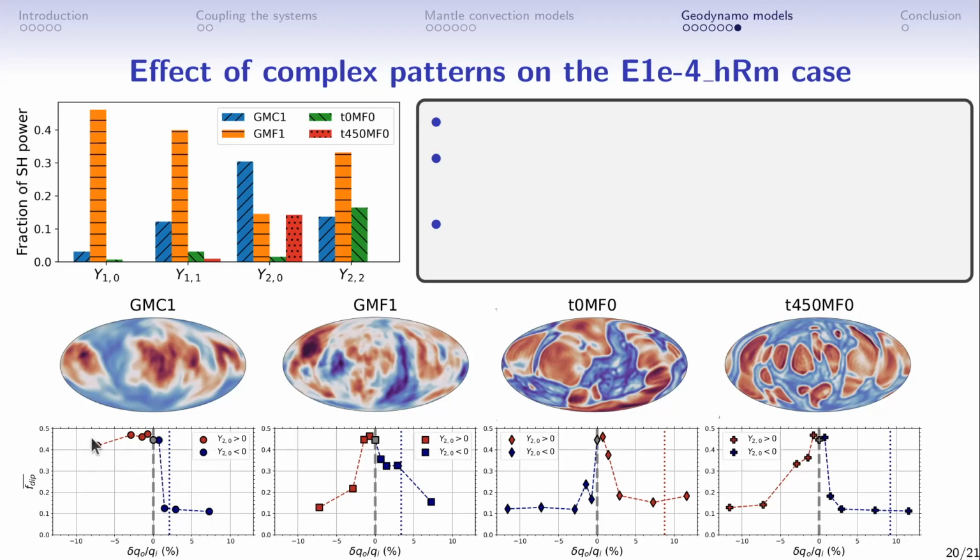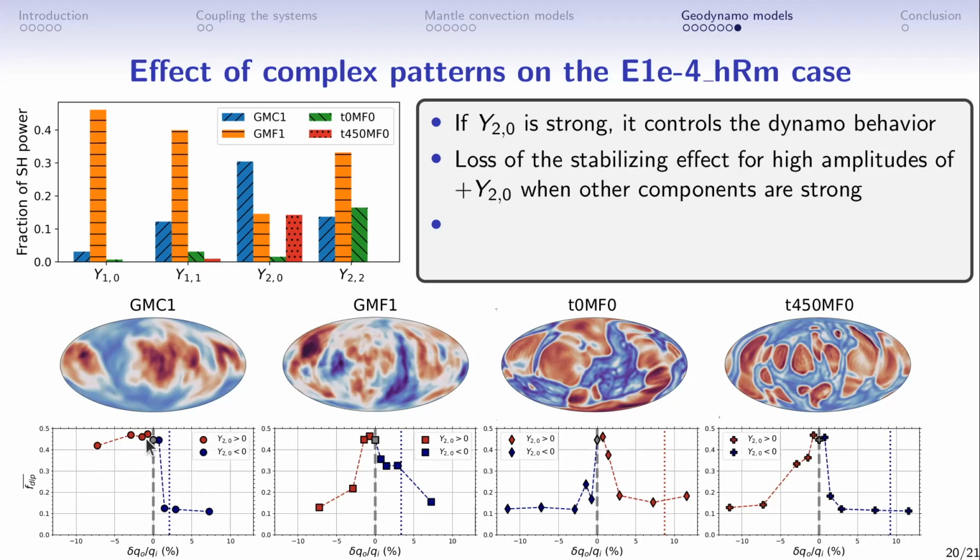And you can see that it seems to be the case for GMC1, but it is not the case for all the others, which means that if the Y20 component is strong in the complex pattern, it seems to control the behavior of the dynamo. But we have a loss of the stabilizing effect for the positive Y20 component if the Y20 component in the complex pattern is not strong enough.